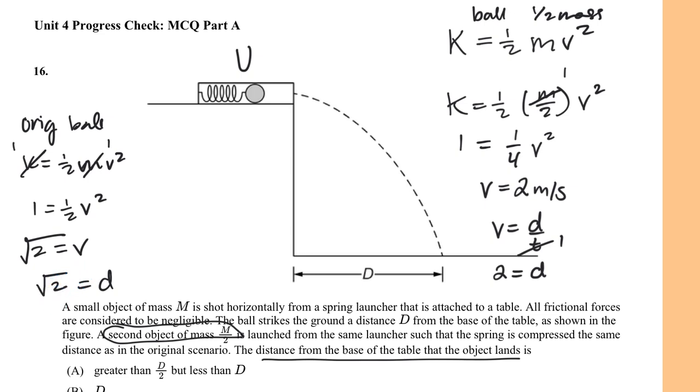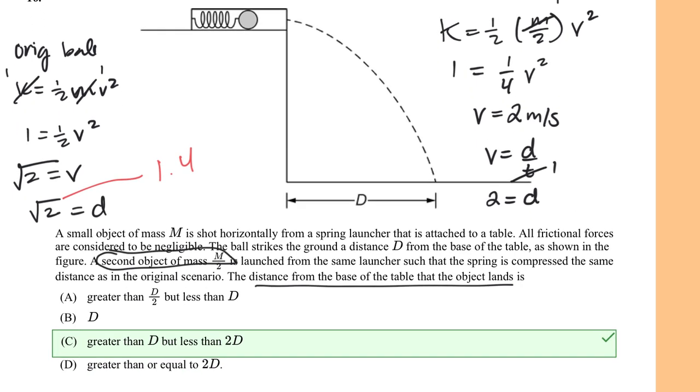The square root of 2 is about 1.4. So if we look at our answer choices, my answer is going to be greater than D, which is 1, but less than 2D, which is 2. So 1.4, between 1 and 2, it's going to be C.